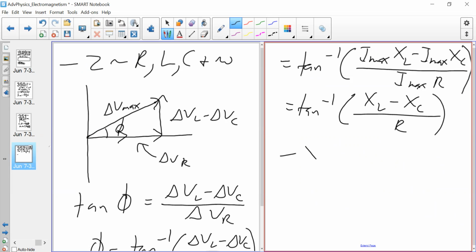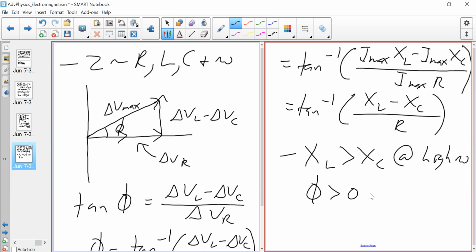Some evaluations: if XL is greater than XC at high omega, phi is greater than 0, then this RLC circuit would be more inductive than capacitive, because there's more inductive reactance than capacitive reactance. So the inductor would dominate in this circuit.